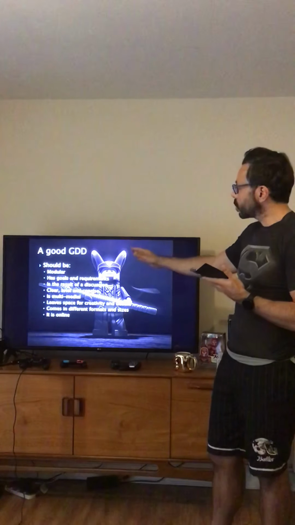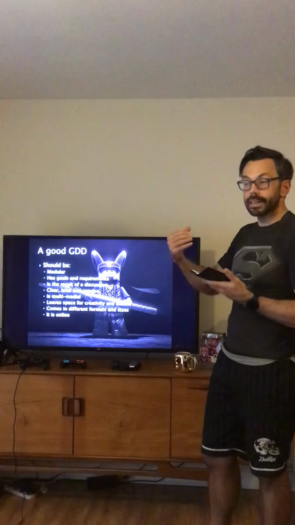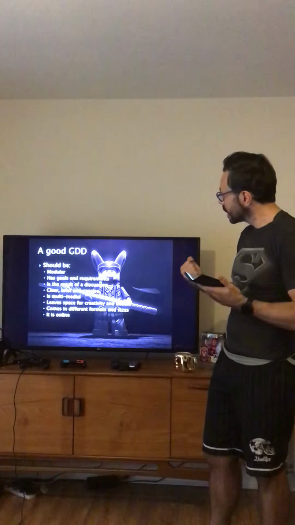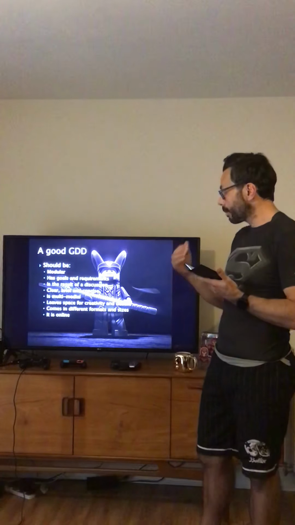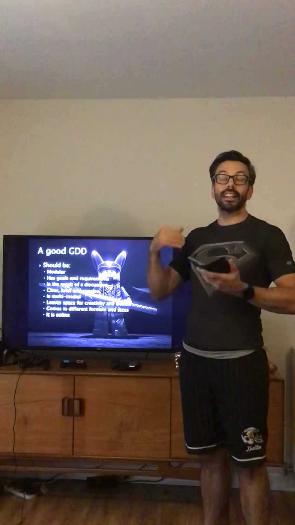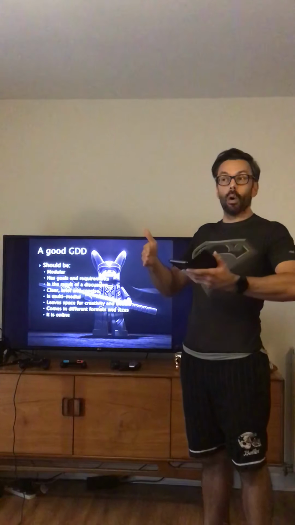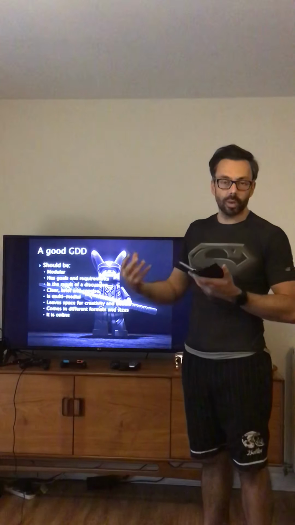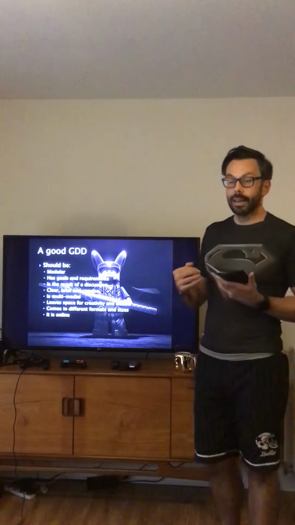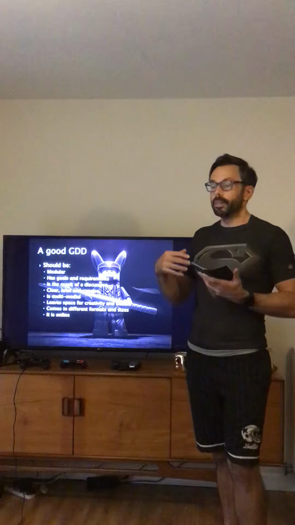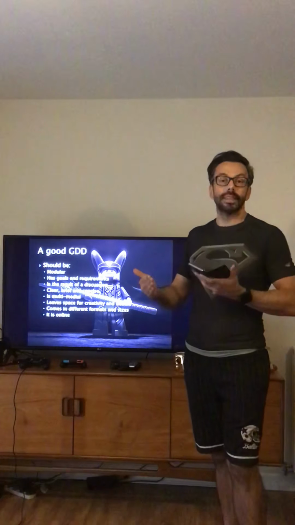So a good games design document should be modular, split into different compartmentalized sections of functionality, has goals and requirements, is the result of a discussion, clear, brief and concise, not necessarily clear, brief and concise in terms of particular things you're wanting to focus on in this module. You may wish to focus quite a lot on story, and we do have people coming through the computer degree stream that do focus on story and documentation.